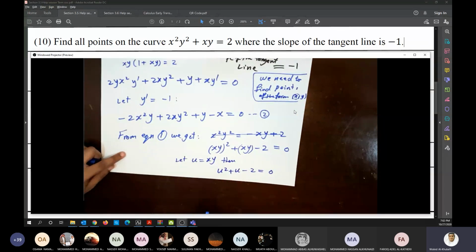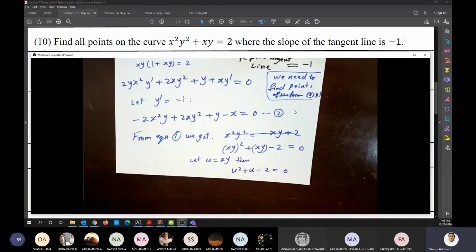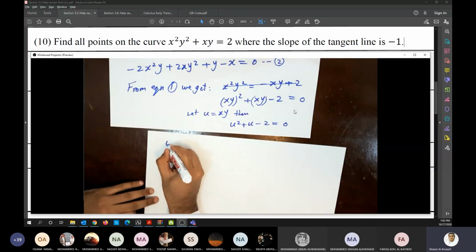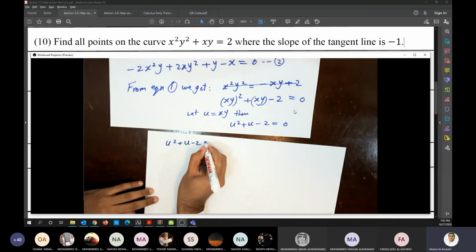Right? Because it's the same thing, xy, so you can call it u. Of course this is one of the methods that you can use.